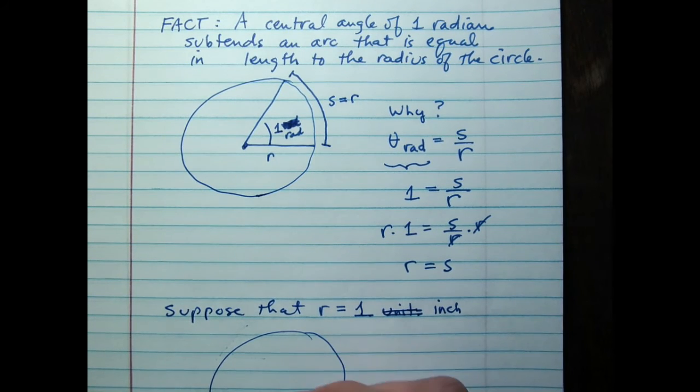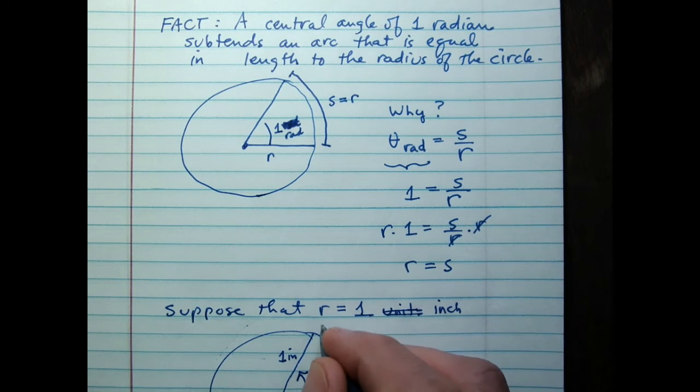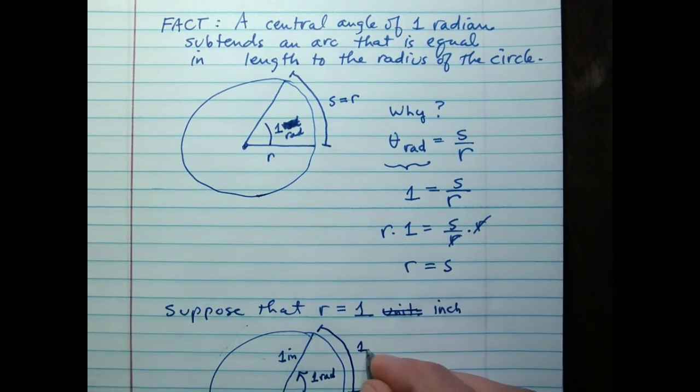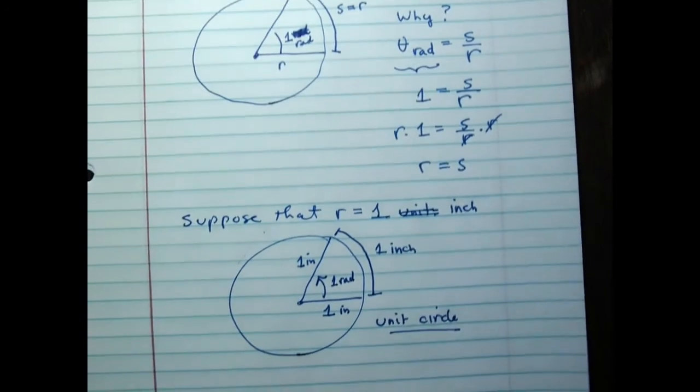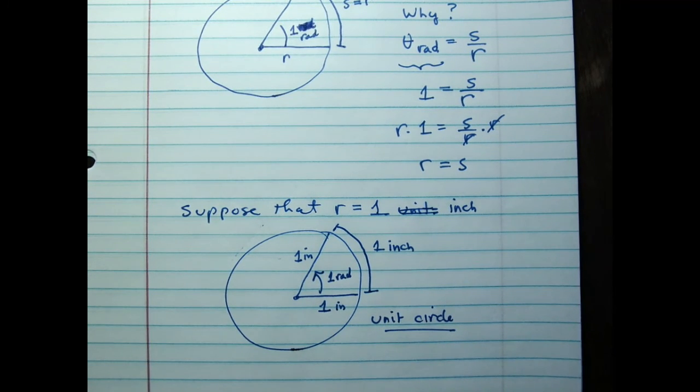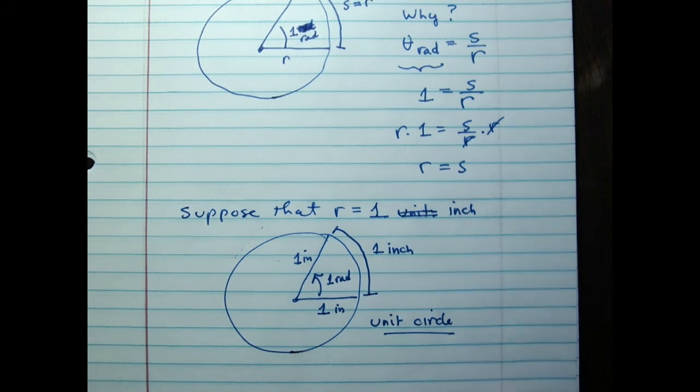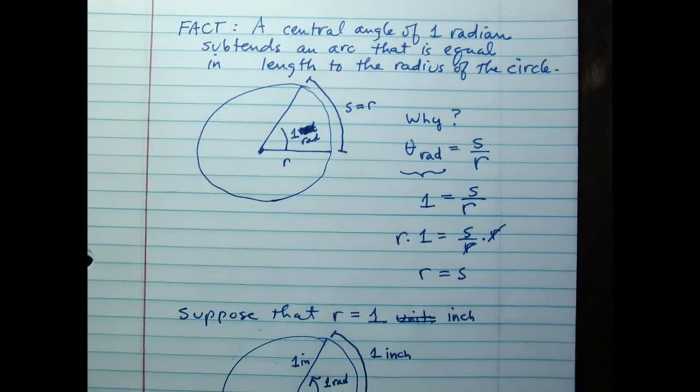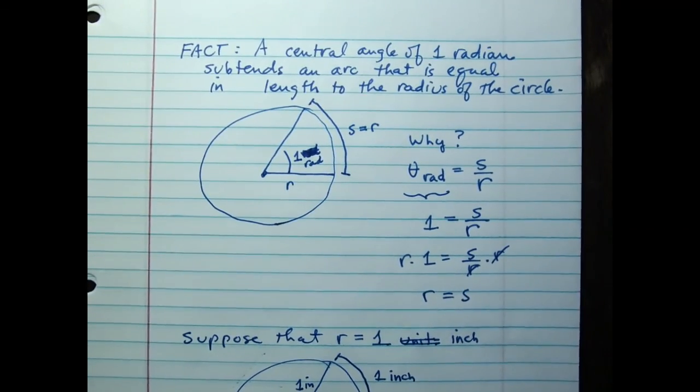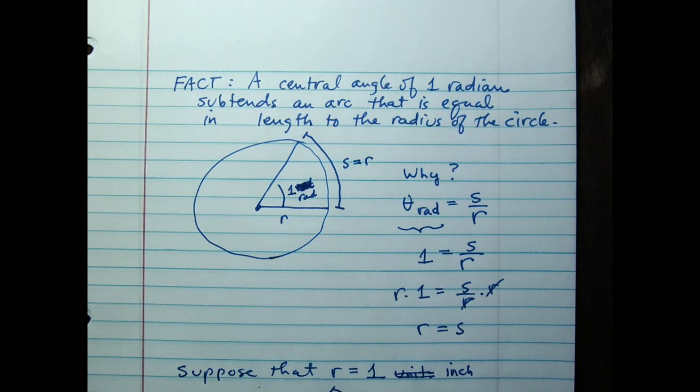If that's 1 inch, and that's 1 inch, and if that's 1 radian, then this arc length is also 1 inch. And this is a picture on something called the unit circle. We'll talk more about the unit circle later in the course. On the unit circle, an angle of 1 radian subtends an arc of length 1. But maybe let's go back and leave you with the fact at the top of the sheet because that's the more general situation.